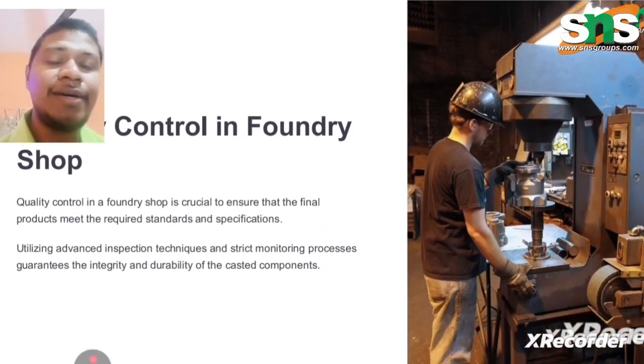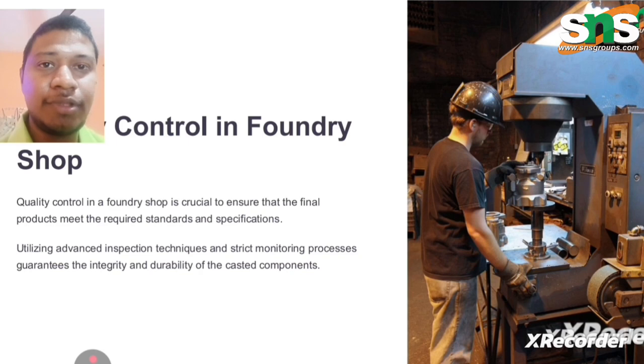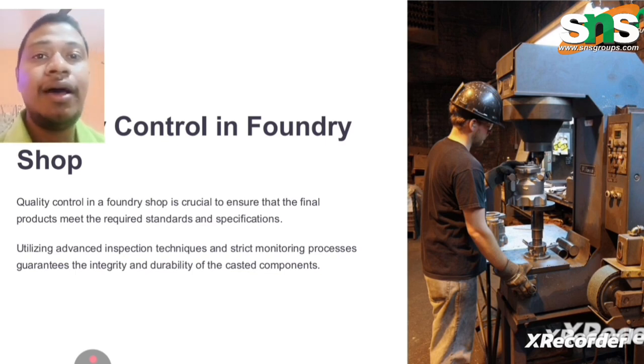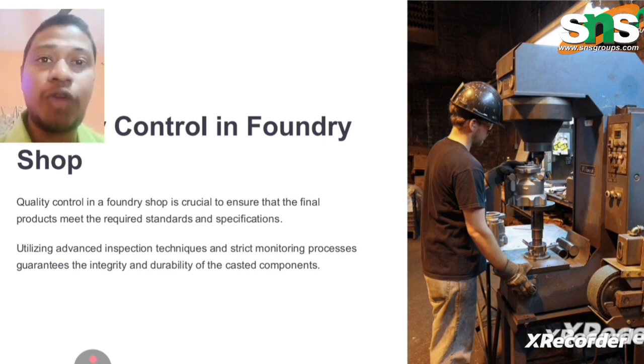After manufacturing this metal casting, quality control in the foundry shop is very important in order to identify damaged or defective components manufactured during foundry shop operations like sand casting.